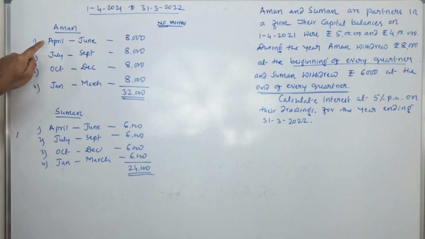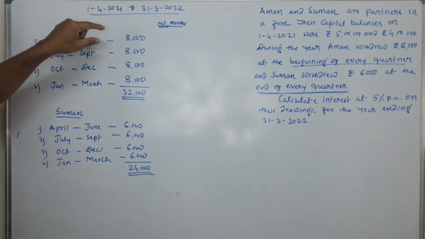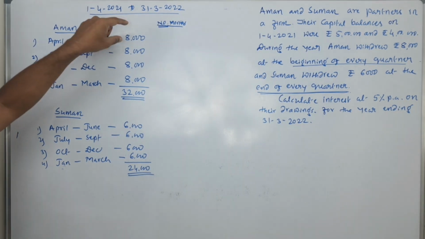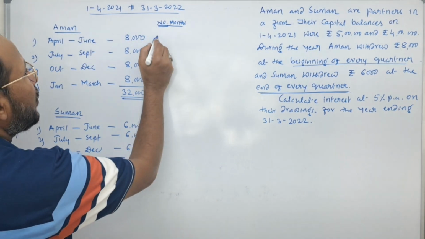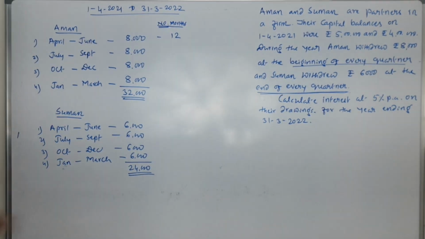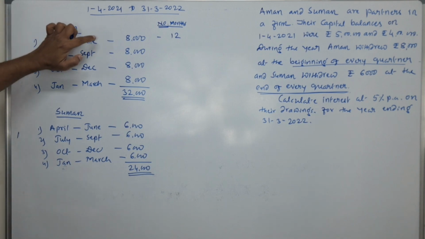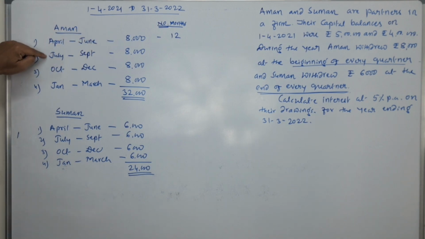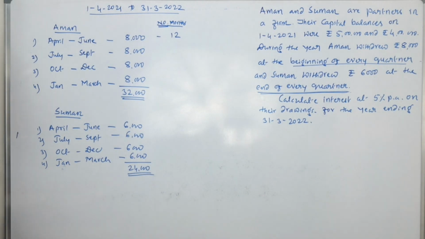That is why on this quarter, whatever the amount has been withdrawn by him, interest is to be calculated for the whole year. For how many months is interest to be calculated? For 12 months, because beginning of the quarter means, assume he has taken the amount on 1st April. That is why 3 months are required to be included, 3 months, 6, 9 and 12. That is why the total number of months for which interest is to be calculated comes to 12 here.